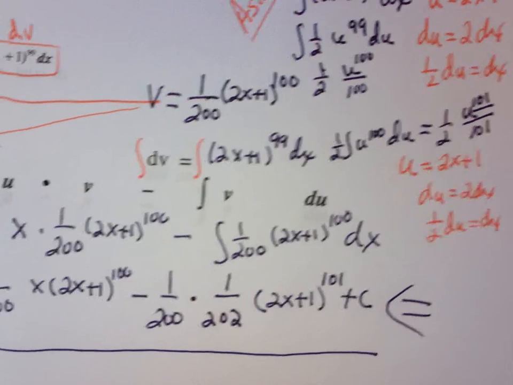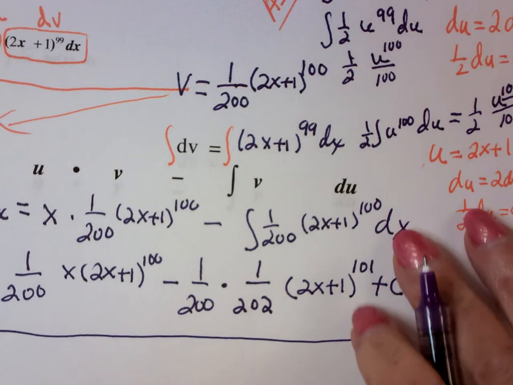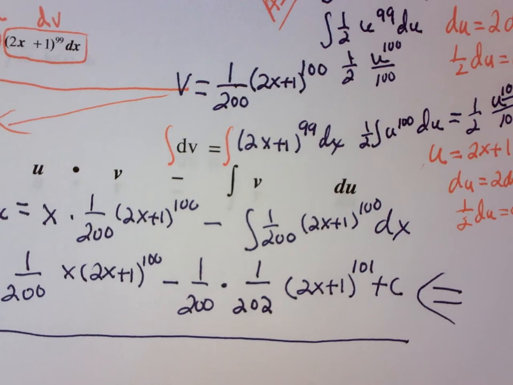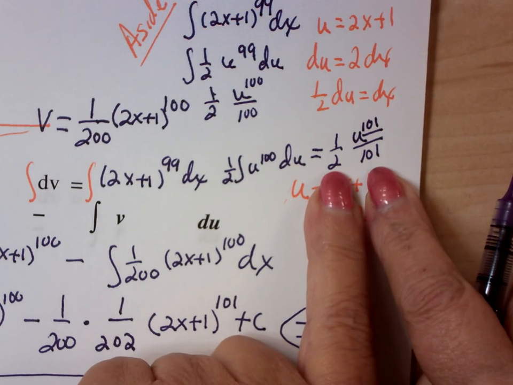Would it be wrong if you kept them separated, if you just kept your half to the side? No, absolutely not. Now remember, what I did is I took that 1/2 times 101 and made it 202.